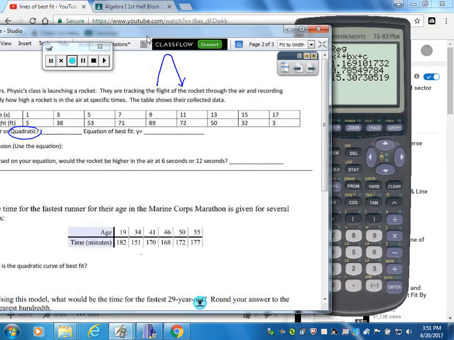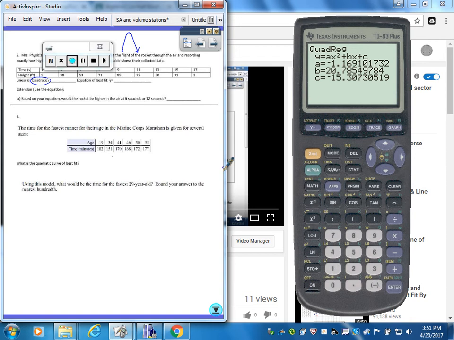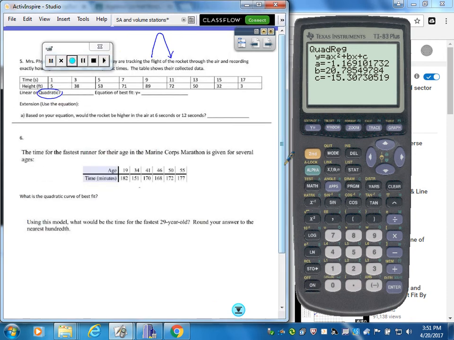So we need to say that this is y equals ax squared plus bx plus c. And we're going to write our a value in here, our b value, and our c value. I don't think it's said to round anywhere, so I'm going to round to the tenths spot each time, so 1 decimal place. So my a is going to be negative 1.2.